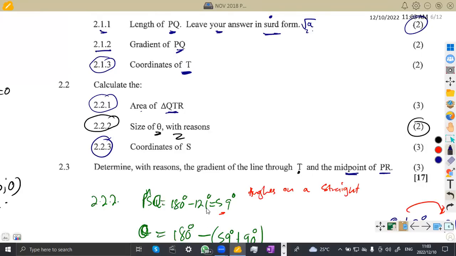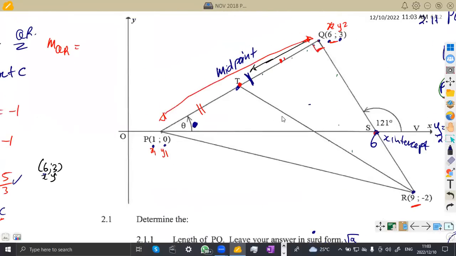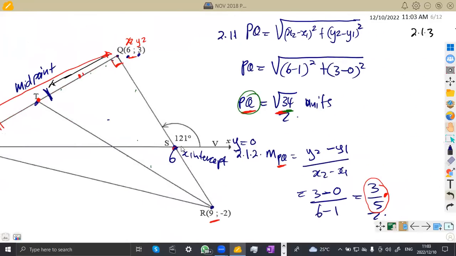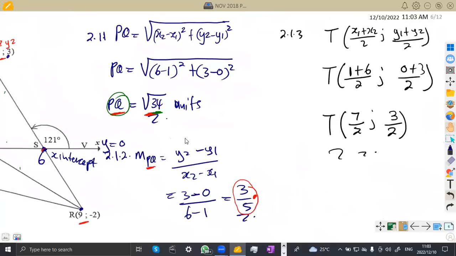All right, so let's check from the information that we have, guys. I think I can just erase some. Okay, we still need some points here. Remember, we have got the point T, which we calculated before, which was (7/2, 3/2).